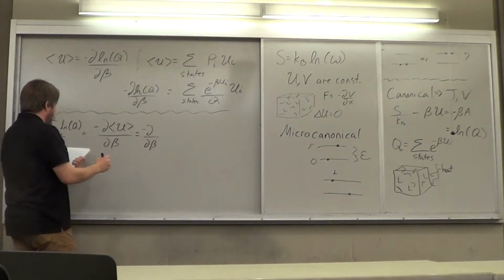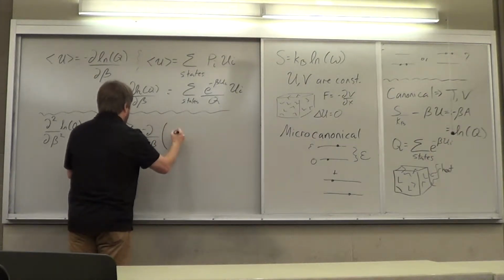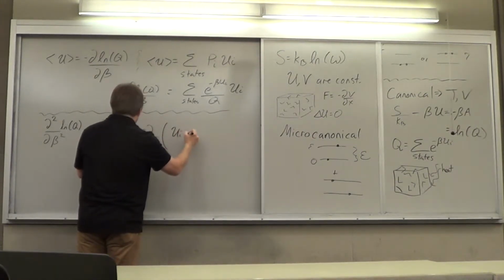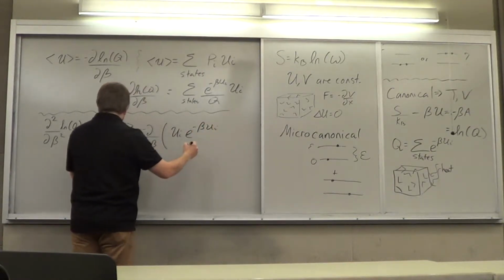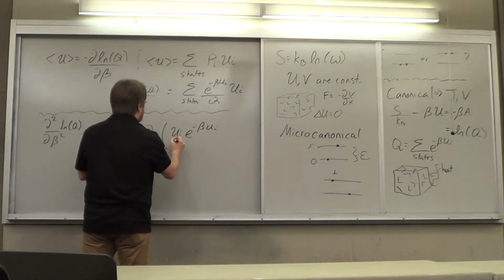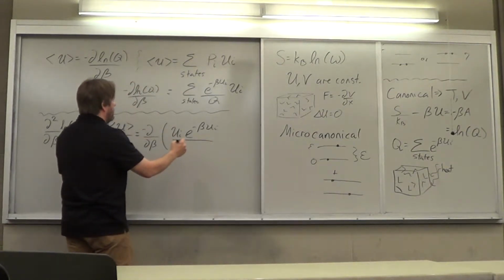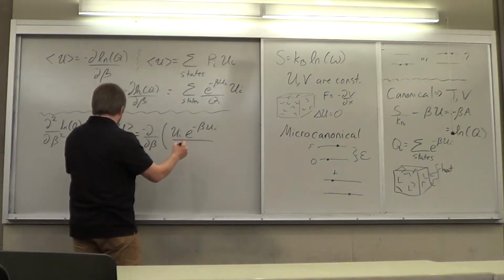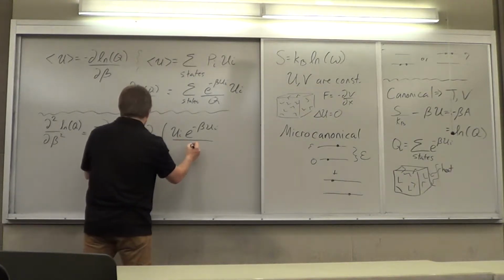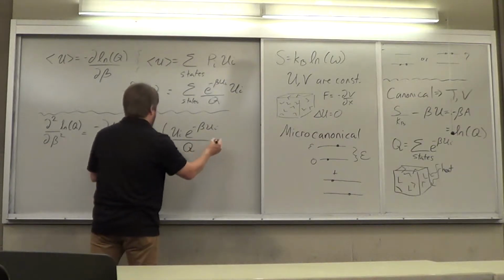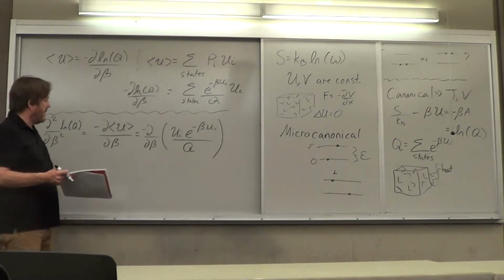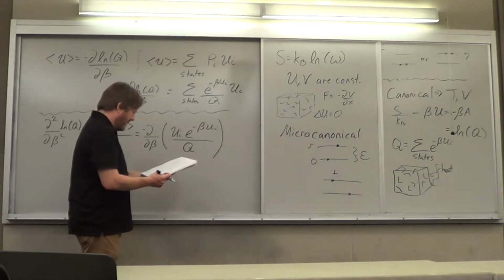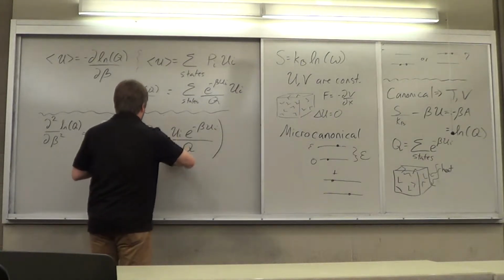Let me write the derivative. Let me remind you what the average is. I'm going to write it slightly differently. I seem to be missing the sum over states here, maybe I made a slight mistake, but I'll just charge forward anyway.